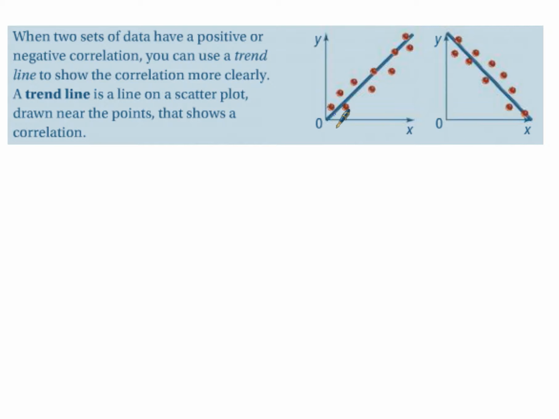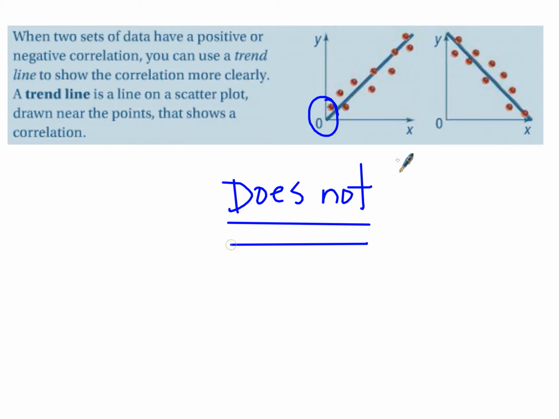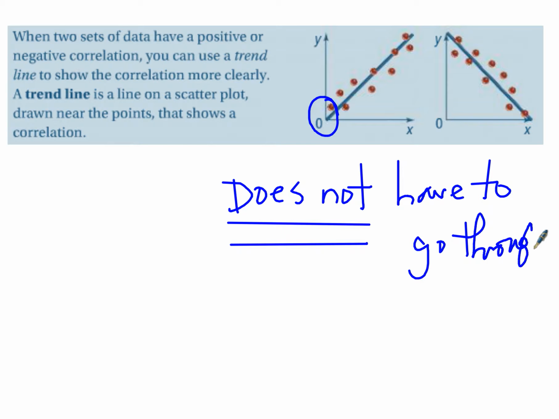Now keep in mind, the trend line does not, I'll write that down, does not have to go through 0, 0. A lot of students want to try and draw that through 0, 0. It doesn't have to be, because look at this trend line that's drawn for this one. Notice it does not go through 0, 0.